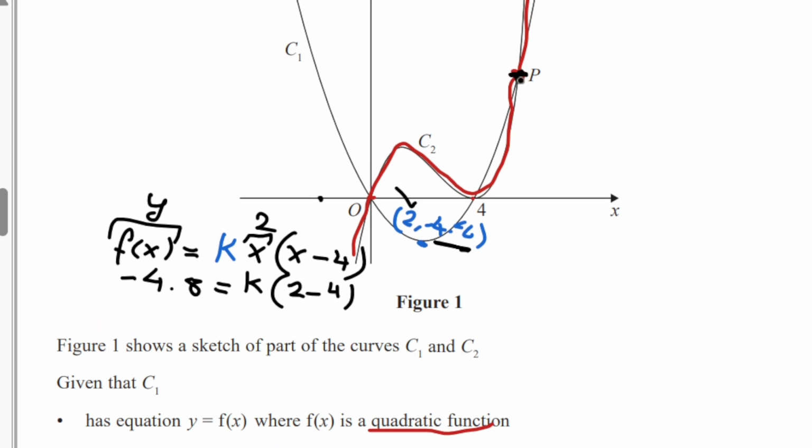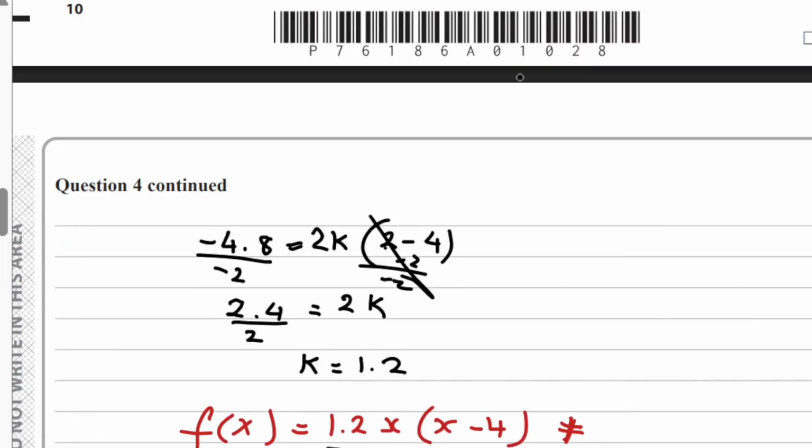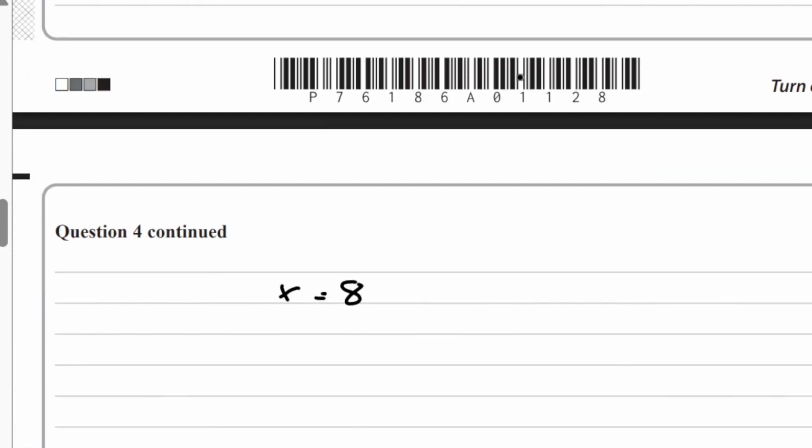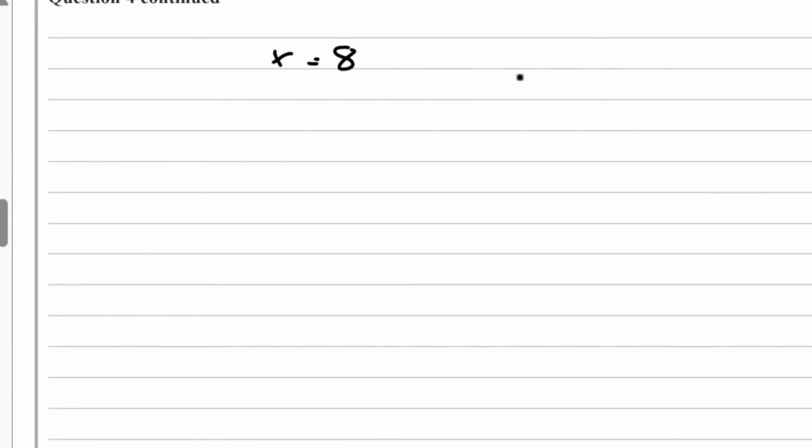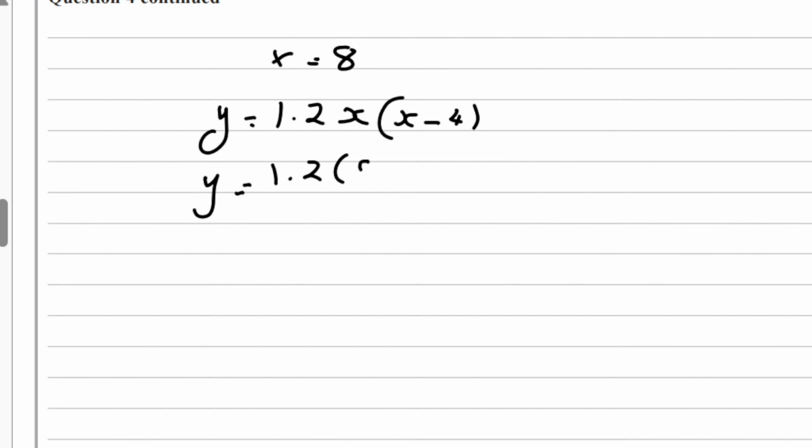To find the point, because they say find the point, you need to find the y value of P here. To find the y value, just substitute in any of the equations. I prefer the quadratic one, it's easy. So if we say y equals 1.2 x times x minus 4, let's substitute in this, it's easier. So you will have y equals 1.2 times 8 times 8 minus 4.